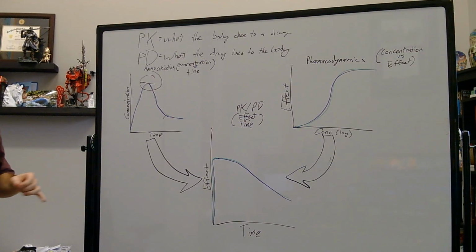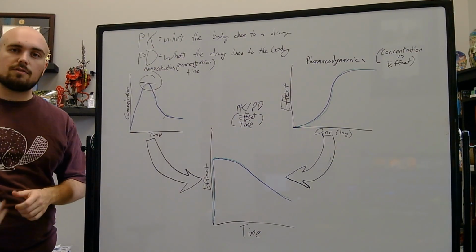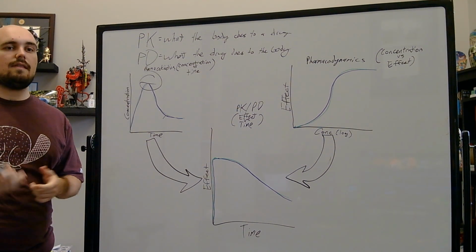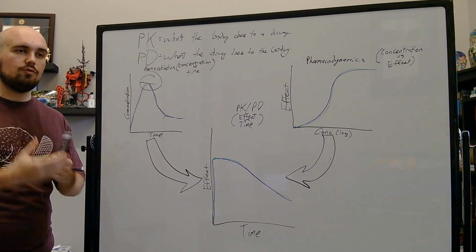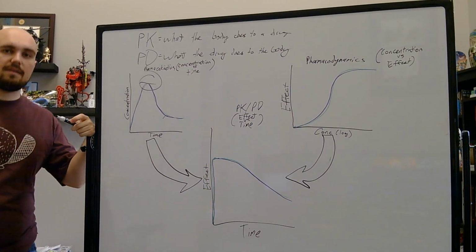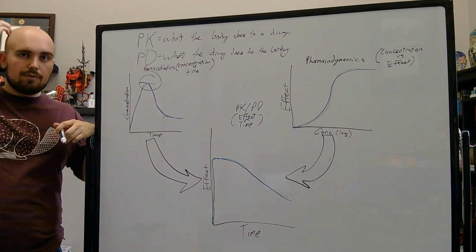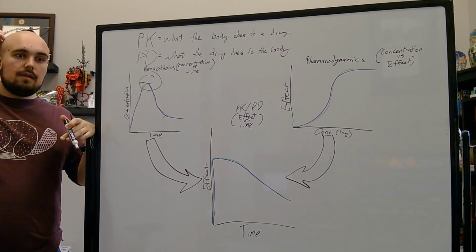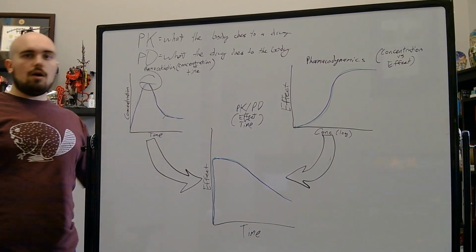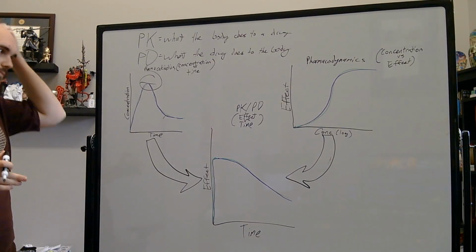Cmax gets a lot more complex when you start talking about oral formulations and how that oral formulation of a drug is absorbed. How does it pass through first pass metabolism with the liver? How does it interact in the liver? Is it a prodrug? Is it not a prodrug? All kinds of nuances come into play.